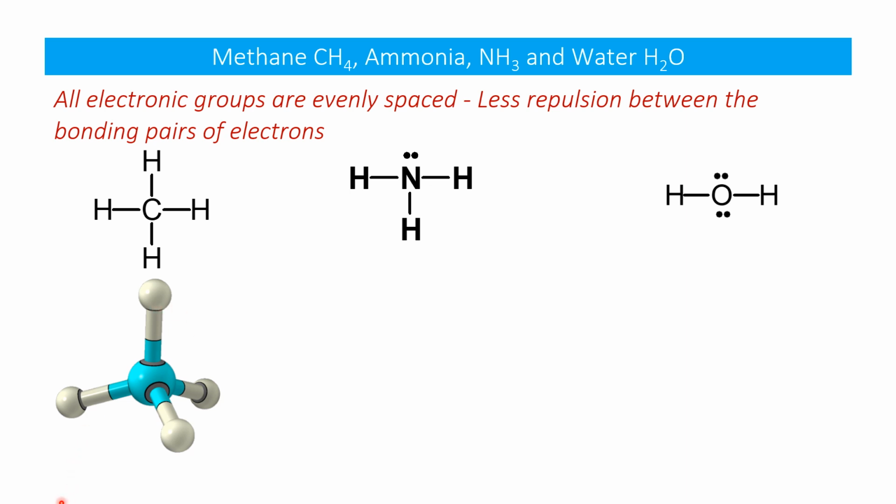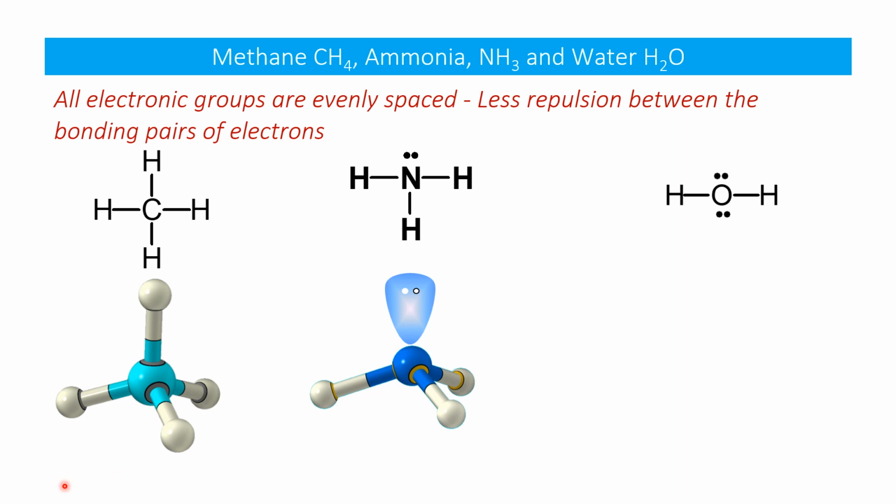You will see the same thing with ammonia. Ammonia has 3 NH bonds and a lone pair. All 4 pairs of electrons, again, point towards tetrahedral space to minimize the repulsion between them.